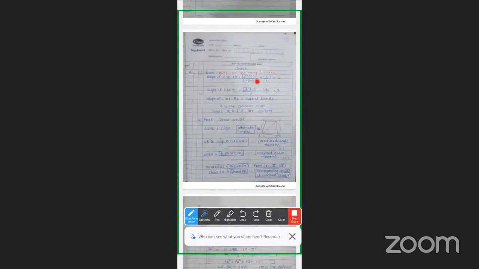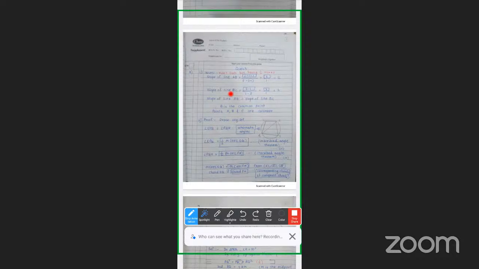So the slope of line AB, what is the formula? Y2 minus y1 upon x2 minus x1. We put in the values directly: 1 minus (-1) upon 0 minus (-1). Minus minus becomes plus, so 2 upon 1. So the slope of line AB is 2. Now we find the slope of line BC.